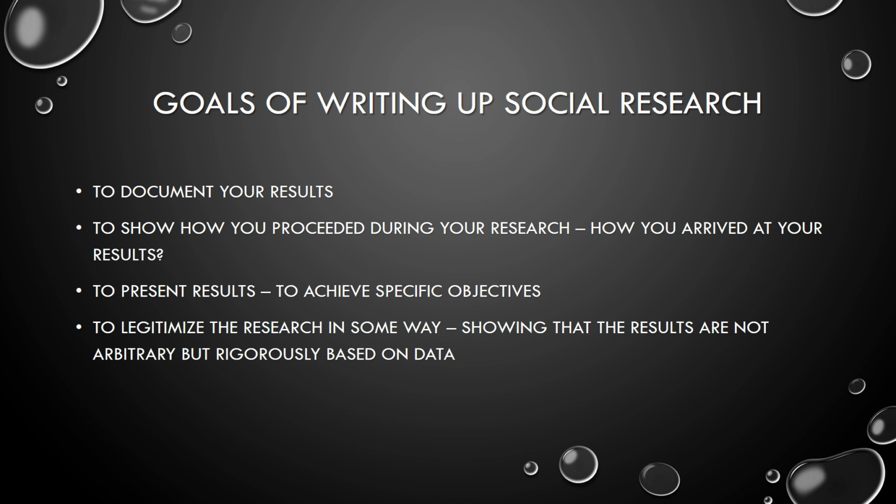We don't have many slides anyway, because the writing process is very dynamic. It changes according to your data, but the basic flow would be what we're going to see now. For today's lecture, the goals of writing up social research. Remember, you are not doing scientific research.